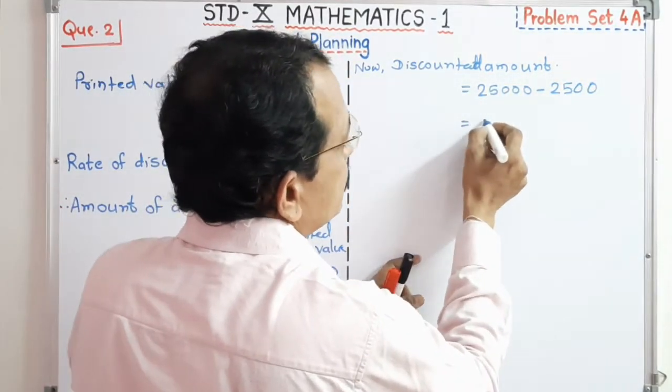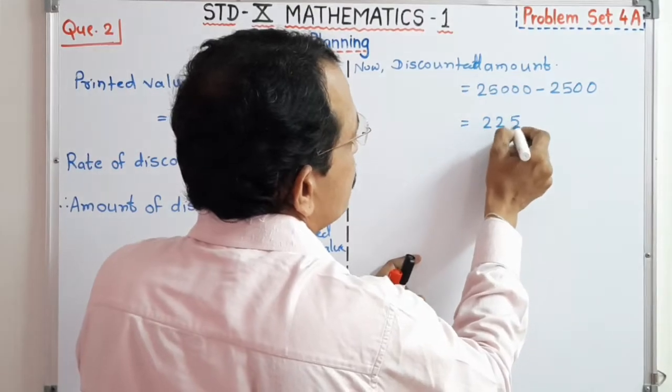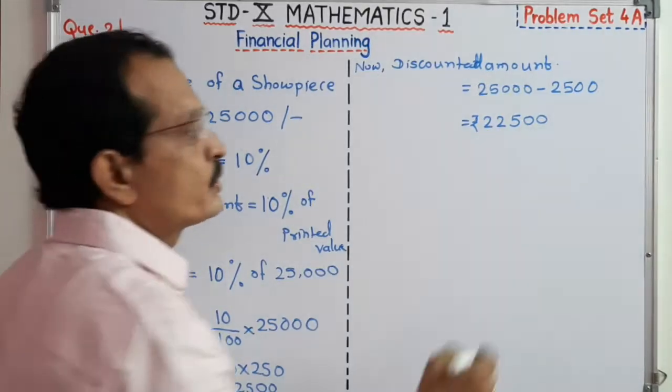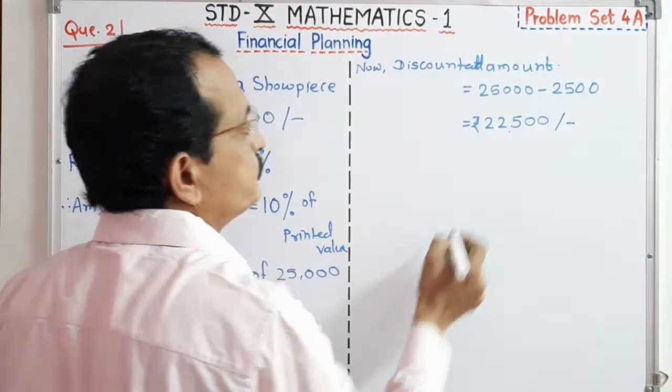Therefore it is 22,500. Got it? It is 22,500.